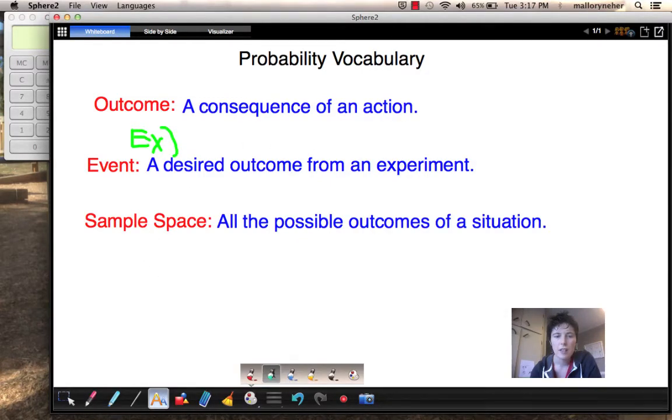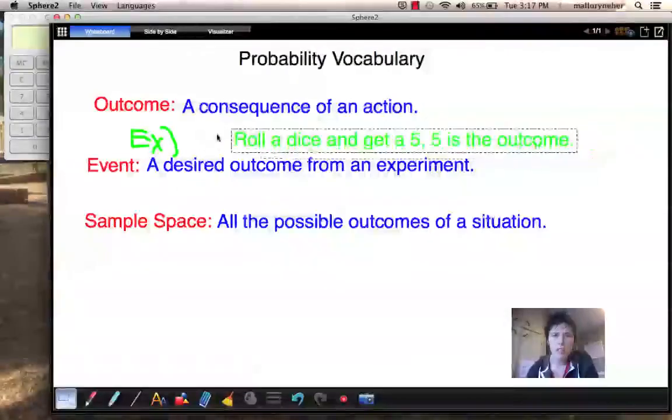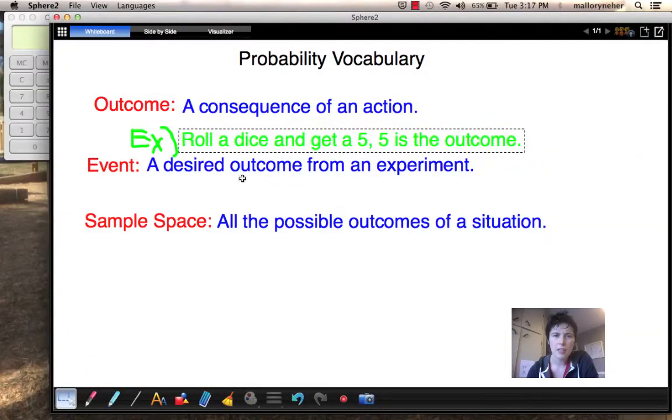For outcome: we talked about an outcome being a consequence of an action. So an outcome of rolling the dice would be rolling and getting a 5. 5 is the outcome. There's our first example.